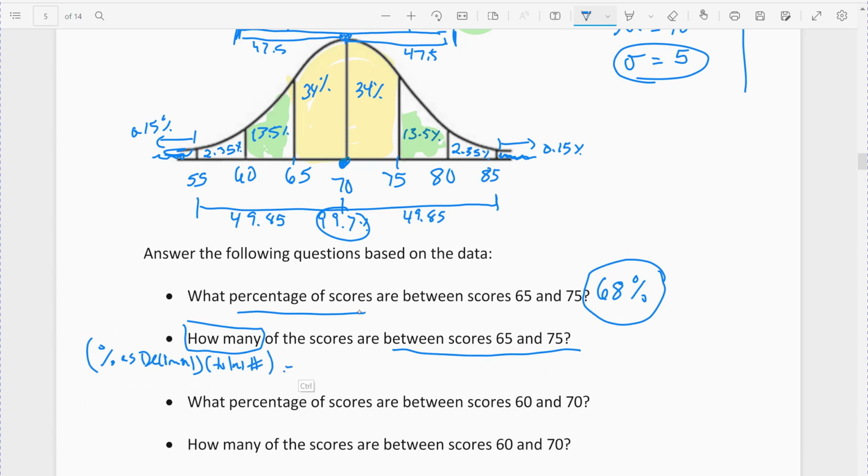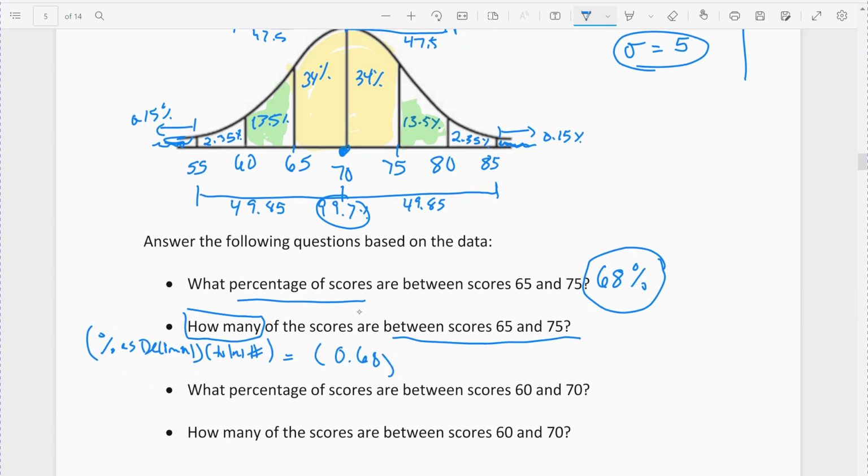In this case, the percent as a decimal would be 0.68. You divide by 100 to get the percent as a decimal. Then you multiply by the total. There's a total of 2,000 freshmen who took the test, and 68% of them scored between a 65 and a 75, so you're taking the percent of. You take your 2,000 times your 68%, and that means 1,360 freshmen scored between a 65 and a 75.